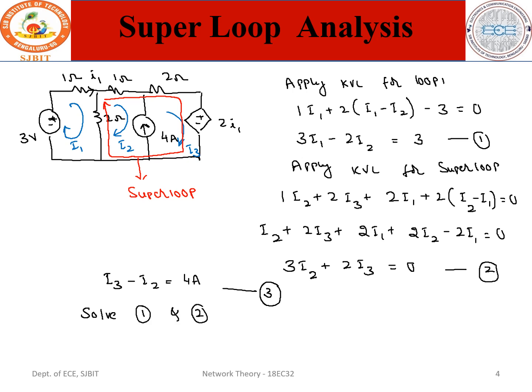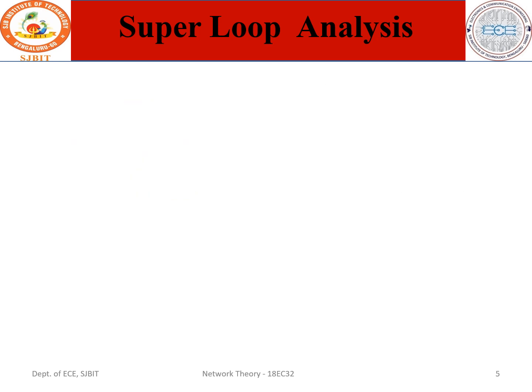Then after solving the equations, we can write I1 is equal to minus 0.066 amps, and then I2 is equal to minus 1.6 amps, and then I3 is equal to 2.4 amps.